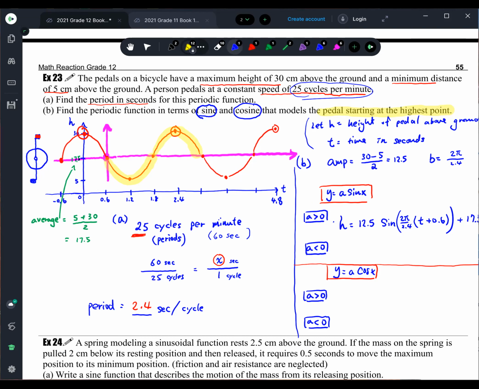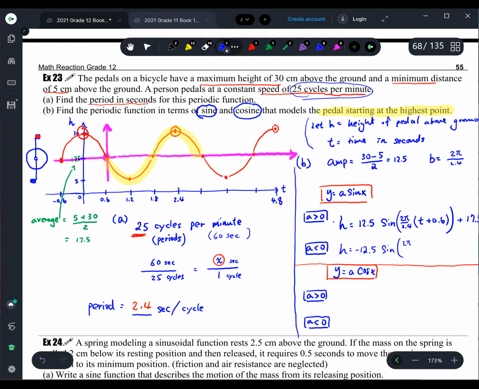Because it has a reflection, you need to make sure your A has a negative sign. B will not change. And then after that, CZ, what's your answer in the bracket? T. T, and then?